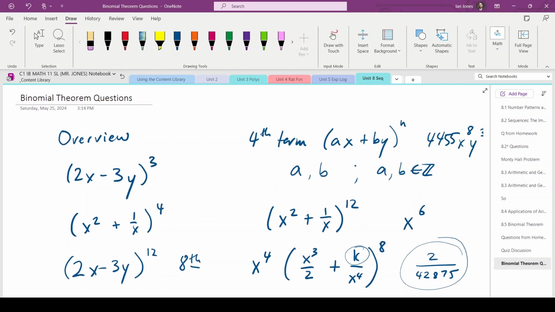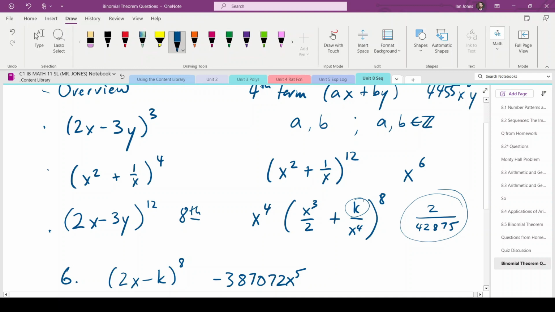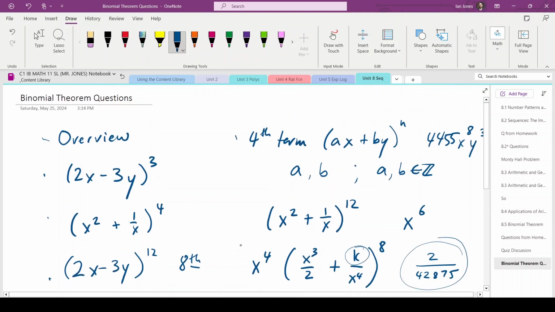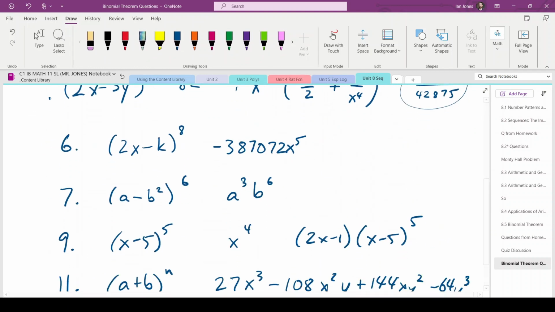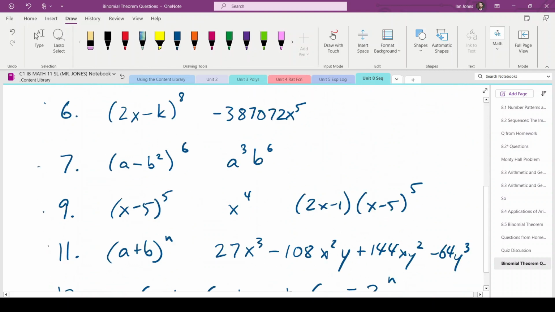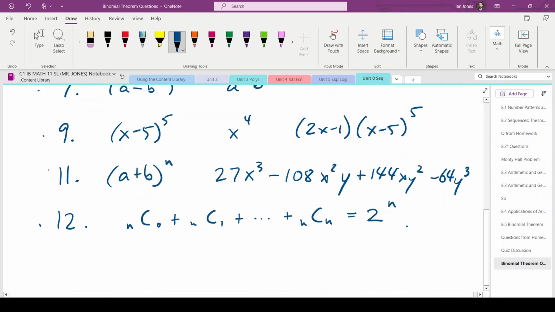You may want to watch only parts. This is actually like a table of contents of what I'm going to do. I'm going to start with an overview of important skills and things you should memorize, and then I'm going to go through 1, 2, 3, 4, 5, 6, 7, 8, 9, 10, 11 examples.